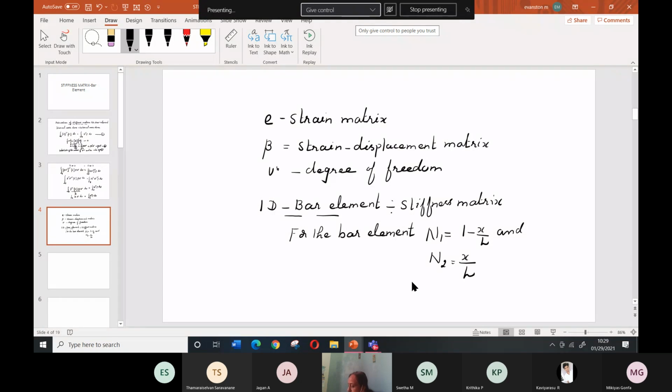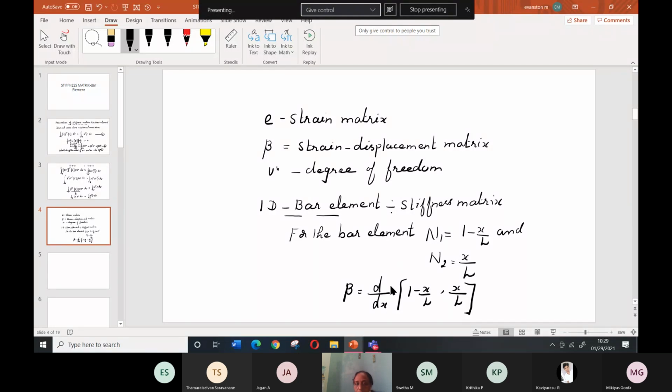When I differentiate, I can put beta is equal to d by dx of N. What is N? That is 1 minus x by L, comma x by L. Can I put it like this?